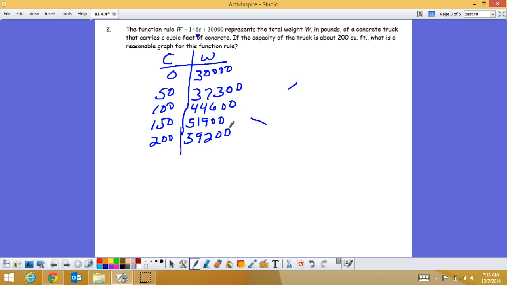So then the graph of this, if we set up our graph, we will put the cubic feet of concrete on the horizontal axis and the total weight of the truck on the vertical axis.